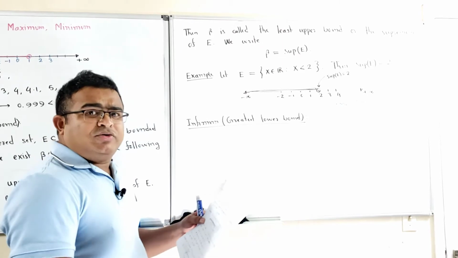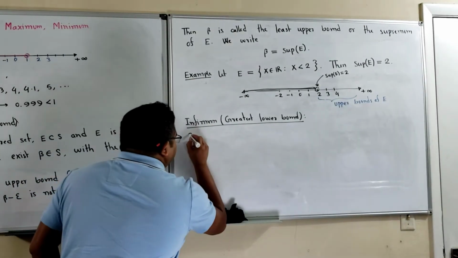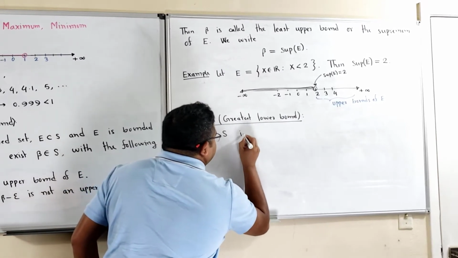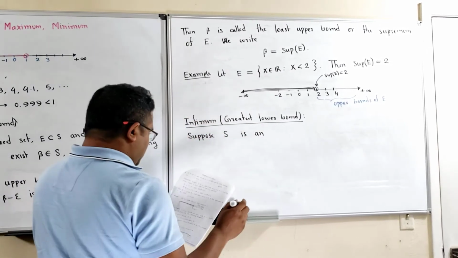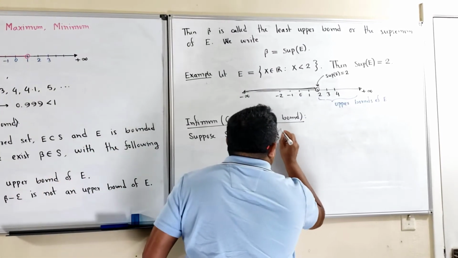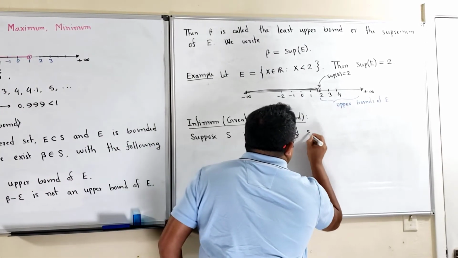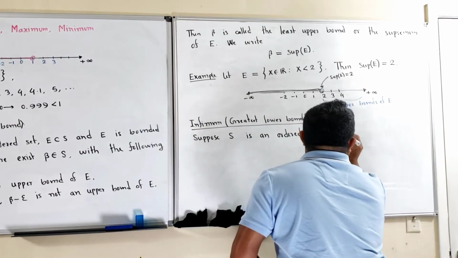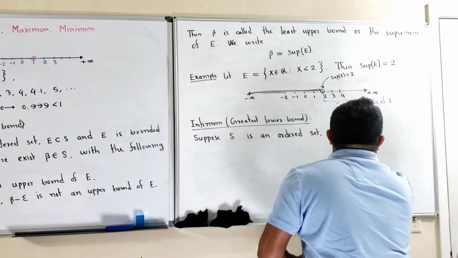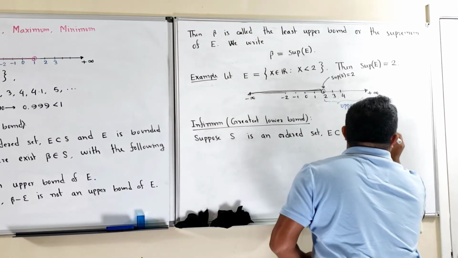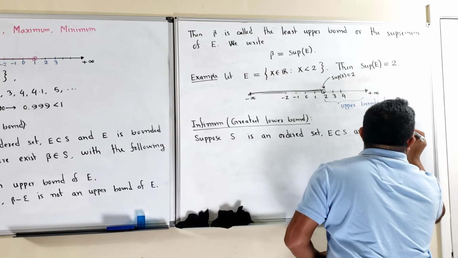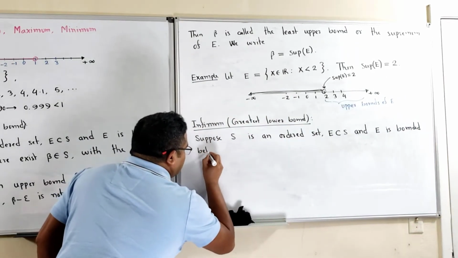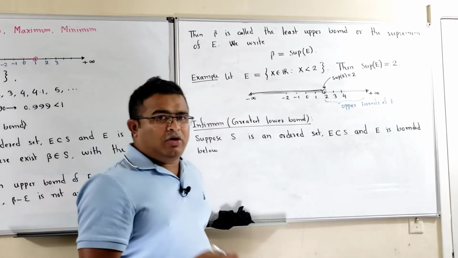Now suppose S is an ordered set, and E is a subset of S, and E is bounded below. That means it should have lower bounds.